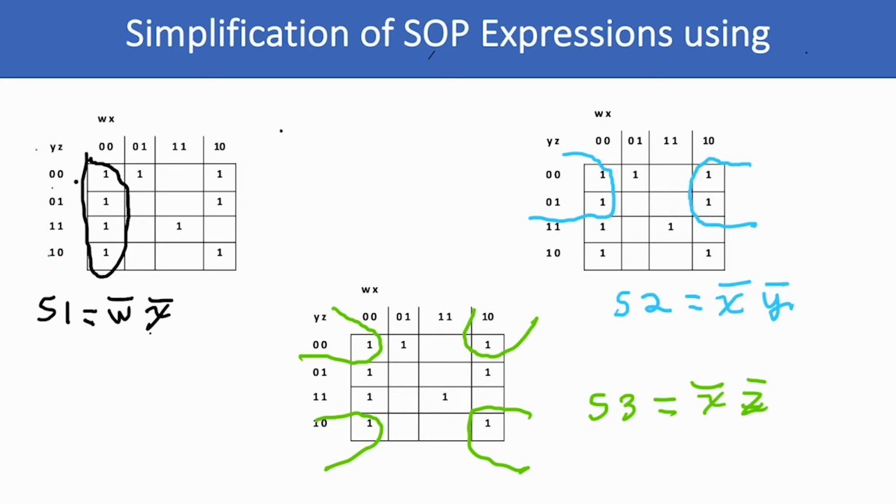Underneath this covering, as we go down, y and z change, so y and z drop out. What doesn't change? w and x stay the same, and they happen to be w bar, x bar. So for this cover, we've covered these 4 ones, and this is the reduced product term that we get.